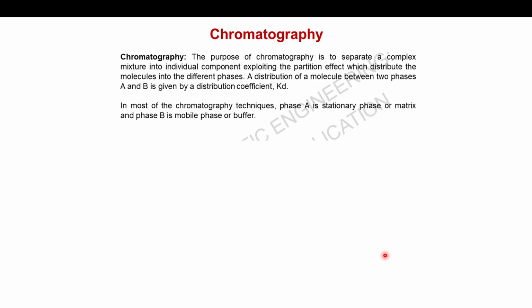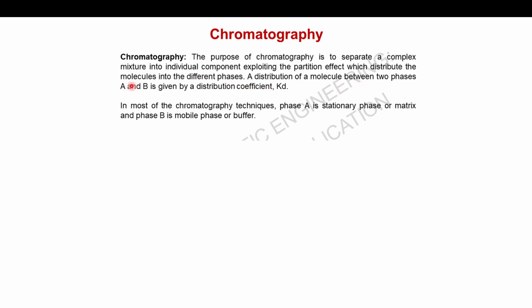Okay. Now, what is chromatography? Chromatography is used to separate a complex mixture having different components into individual components, exploiting the partition effect, which can distribute molecules into different phases, owing to the different chemical and physical properties, mainly chemical properties, of the mixture.